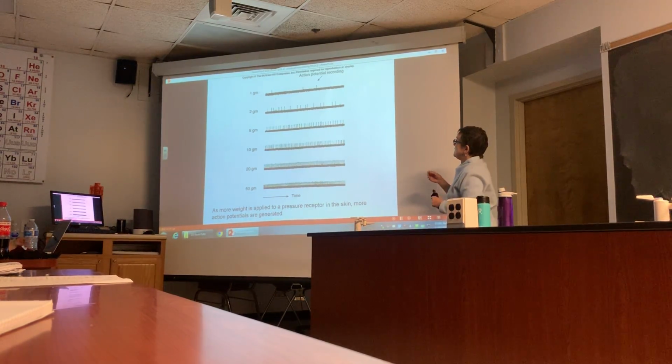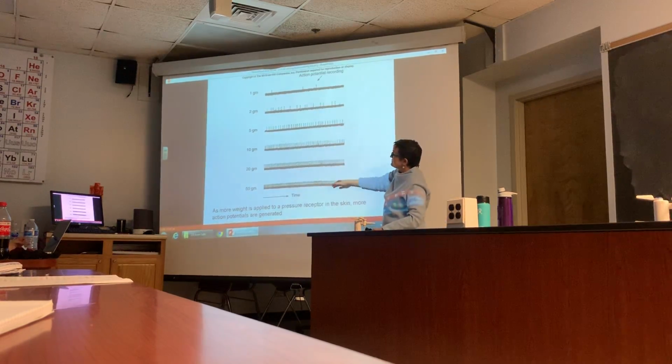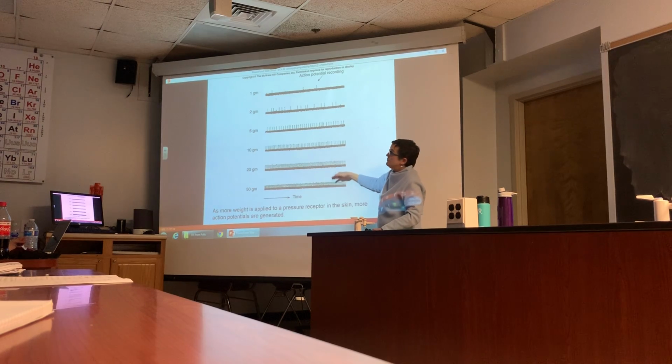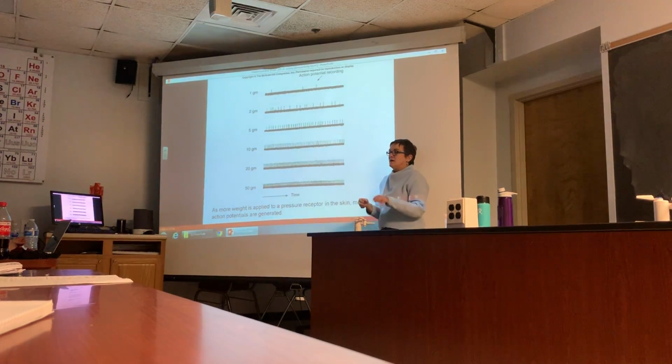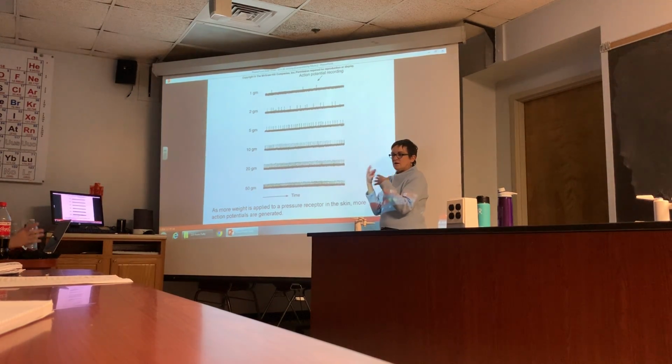It's so weak. But then, the more weight you add to the skin and put on those pressure receptors, the more gates are going to open, allowing sodium to flow in, and the more depolarization. In the case of Pacinian corpuscles, we're talking about generator potentials.